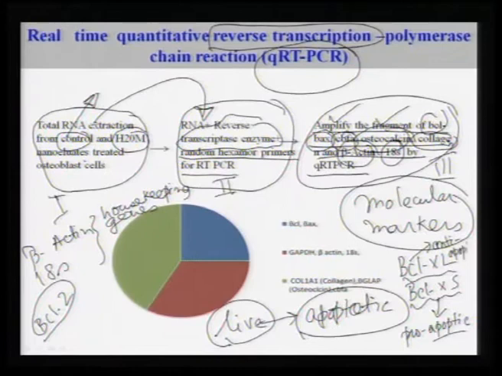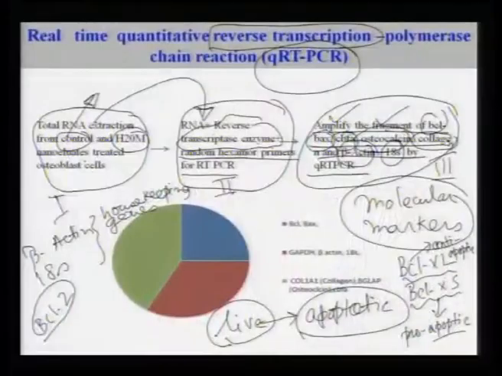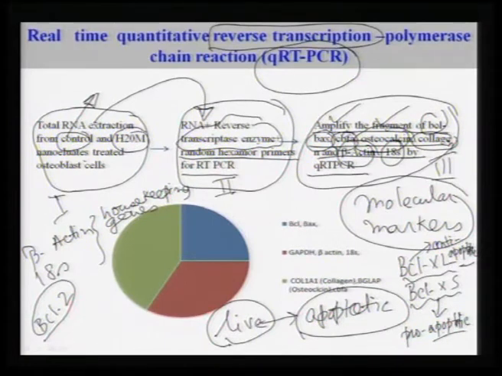Anti-apoptotic means that if this particular gene is expressed more, that means cells are more live or more vital. That means cells are not going to the apoptosis process. Is it clear? I repeat, BCL-XL, BCL-XS and BAX, these are three genes, and they all belong to the BCL2 family of genes.